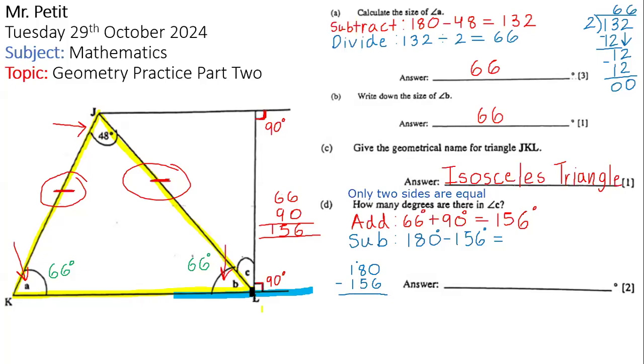This becomes 7, and this becomes 10. 10 minus 6 is 4. 7 minus 5 is 2. 1 minus 1 is 0. So that means that C is what? C is equal to 24.